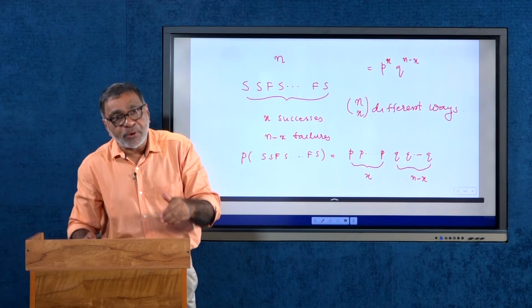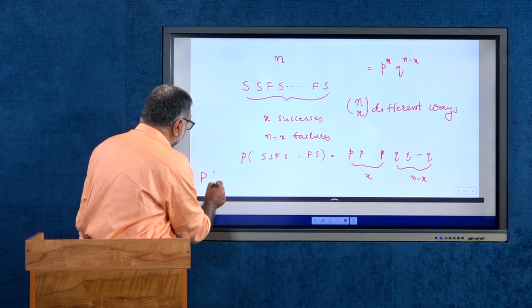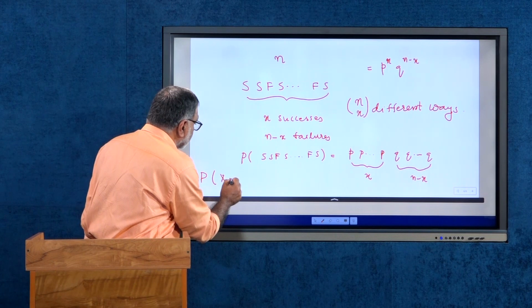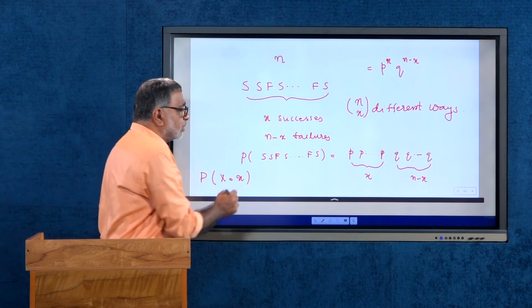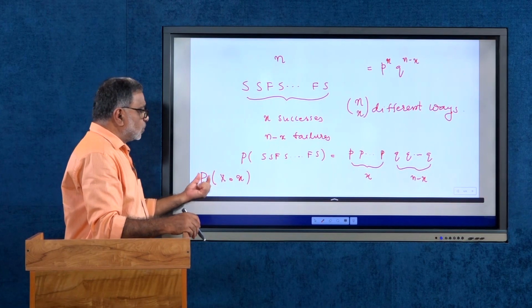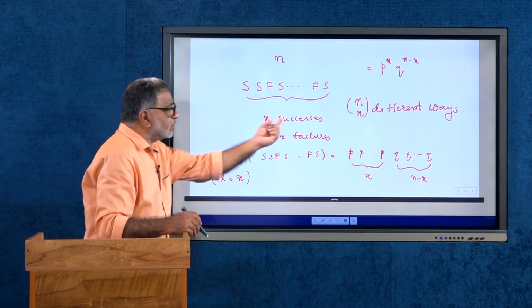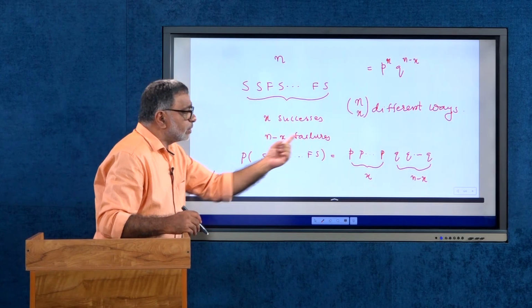So what is the probability of getting x successes, that is the random variable X equal to x, where the random variable X is denoted as the number of successes obtained? Probability of X equal to x means probability of getting x successes and n minus x failures.